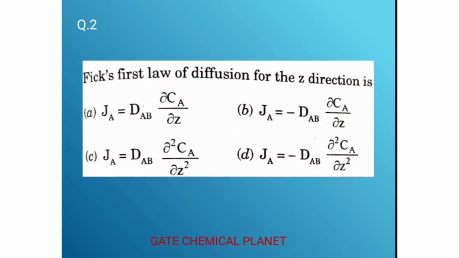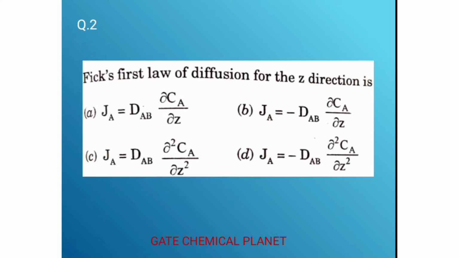Fick's first law of diffusion for the z direction is, options are given. First option is JA equals DAB, del CA by del Z. Option B is JA equals minus DAB, del CA by del Z. And options C and D are given.